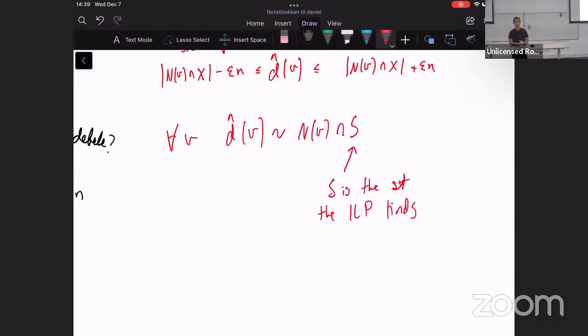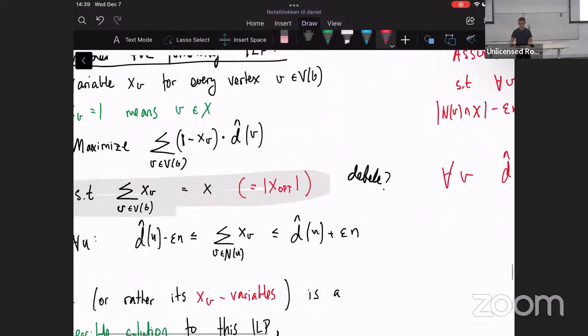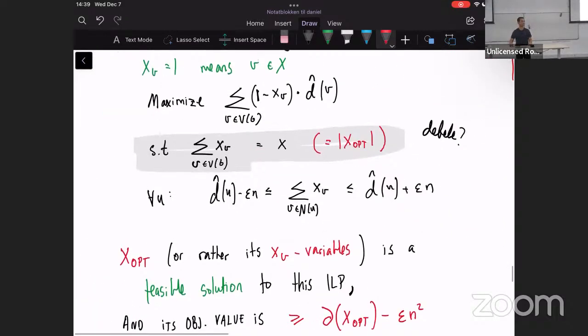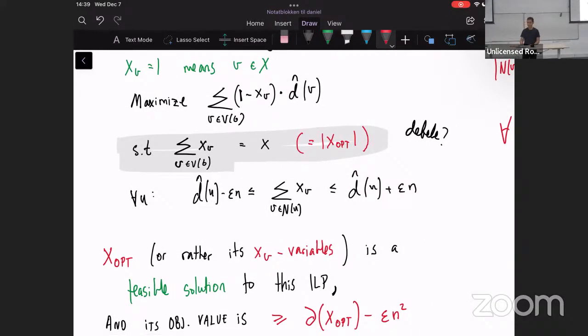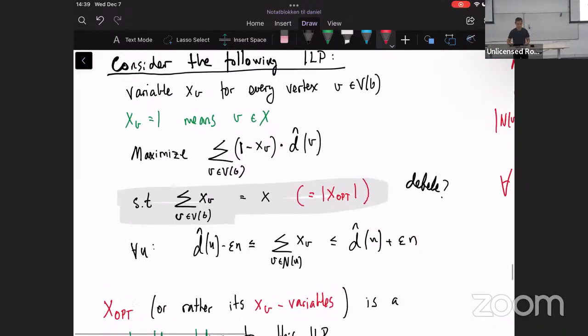Yeah, so S is the set that is given to us by the x_v variables in the ILP. Okay. So of course we cannot actually solve it.